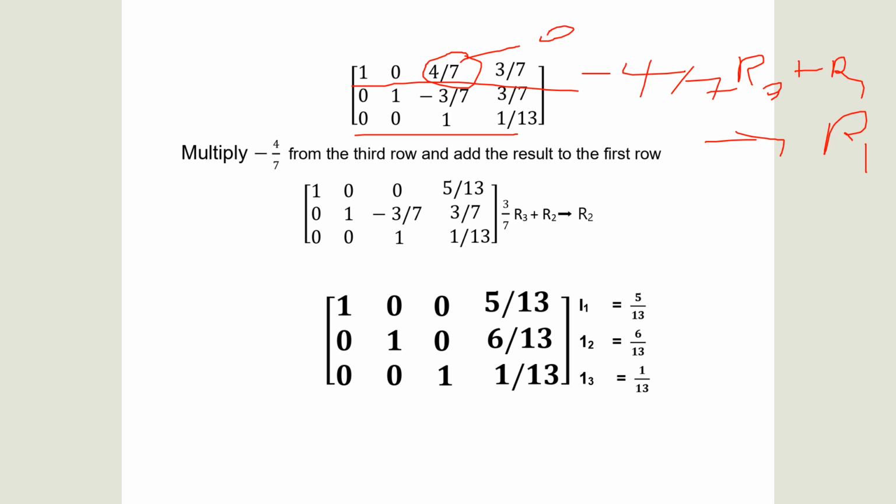If we substitute the given values of row 3 and row 1, they have the same value but different signs, and the rule says that the sum is equal to 0. That's why our new row 1 is 1, 0, 0, 5/13.